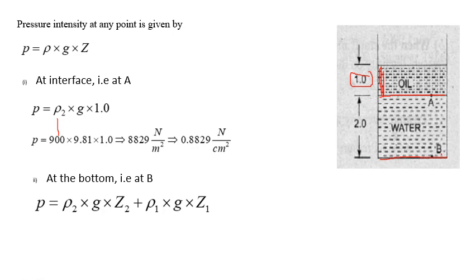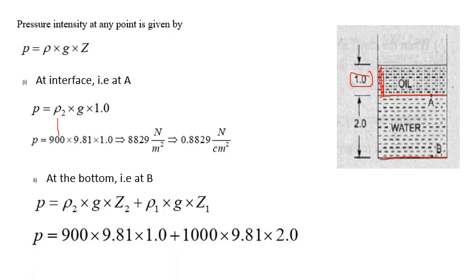That means I want to take the total pressure acting by this oil as well as water. Initially the pressure intensity from the oil, that is rho 2 into g into Z2, and the pressure intensity from the water, that is rho 1 into g into Z1.